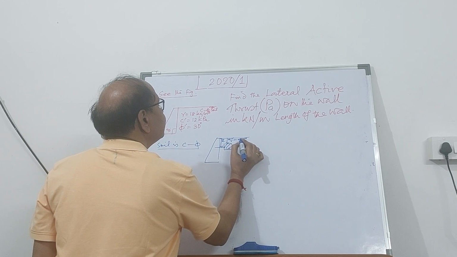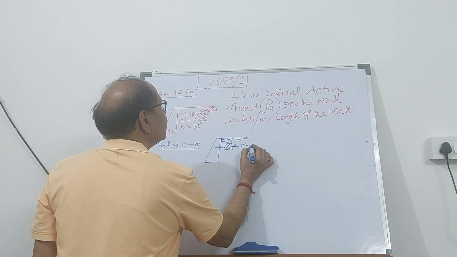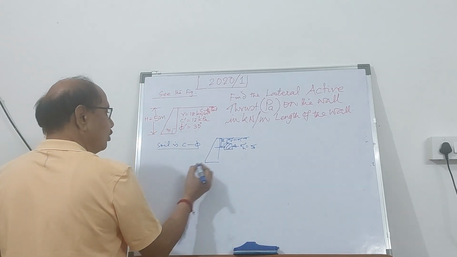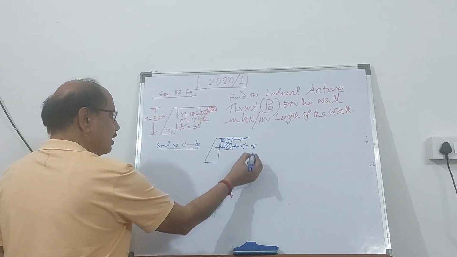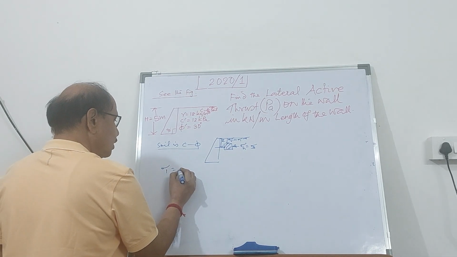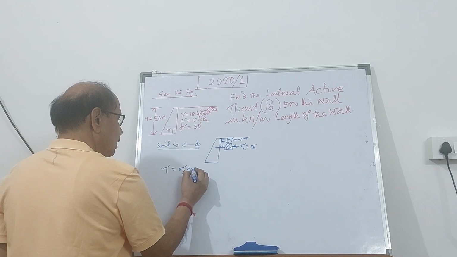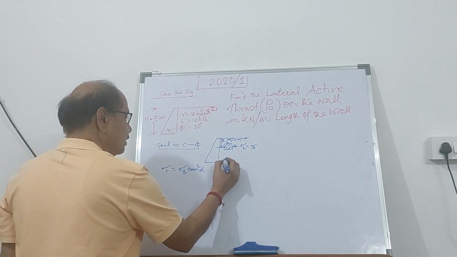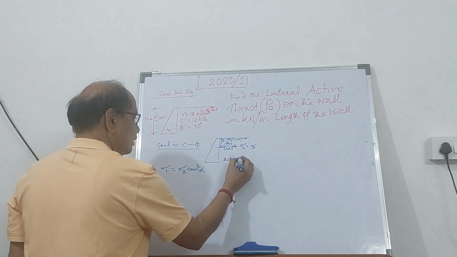So this is major principal stress and this is minor principal stress. So what is the relation between sigma 1 and sigma 3? You know the relation. Sigma 1 equals sigma 3 tan square alpha. Is it in active state?